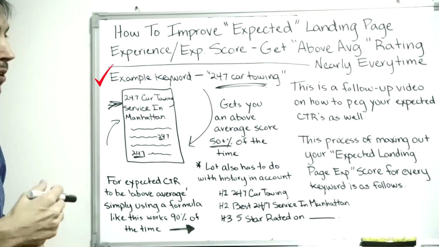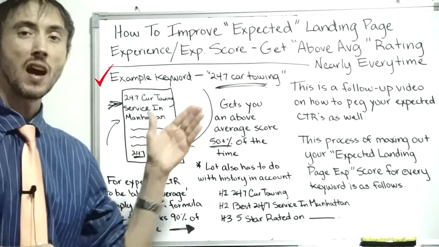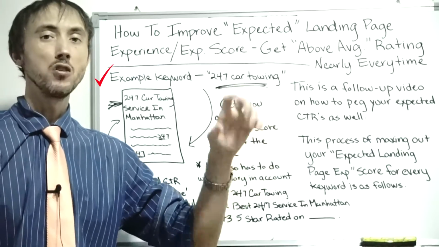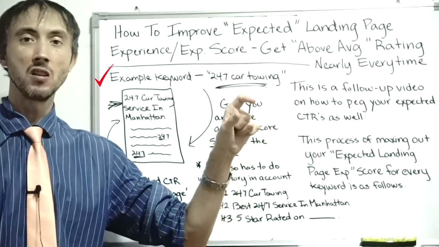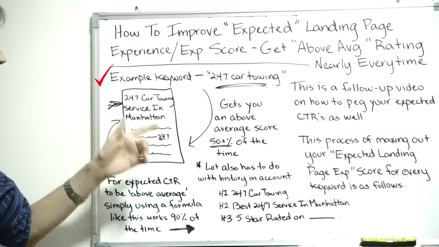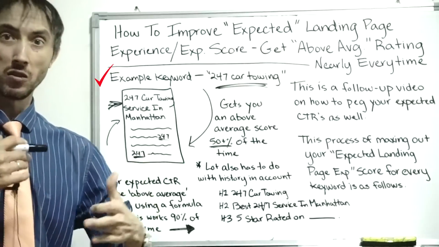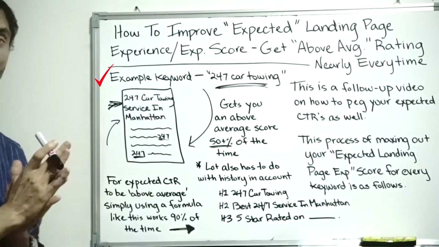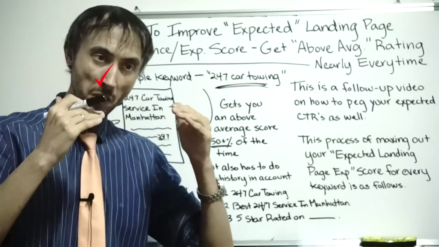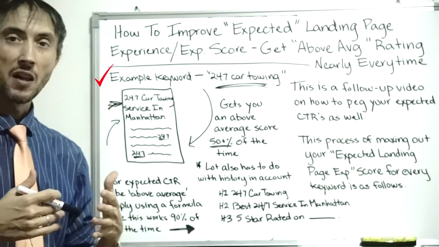There's a reason why we do it. We don't do it for our health. It's the best way to get the most results. It puts you in a position to outdo your competition automatically, which, if you're going to make good money in Google Ads, you've got to be able to do better than the competition advertising on your same keywords. Because again, the expected landing page experience score, landing page experience score, expected click-through rate, and click-through rate rating are all just being measured by you versus the people advertising on the same keywords you're going after.